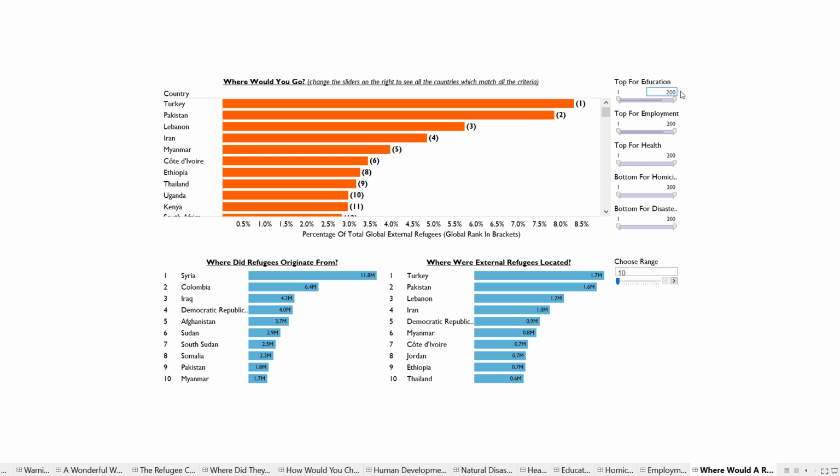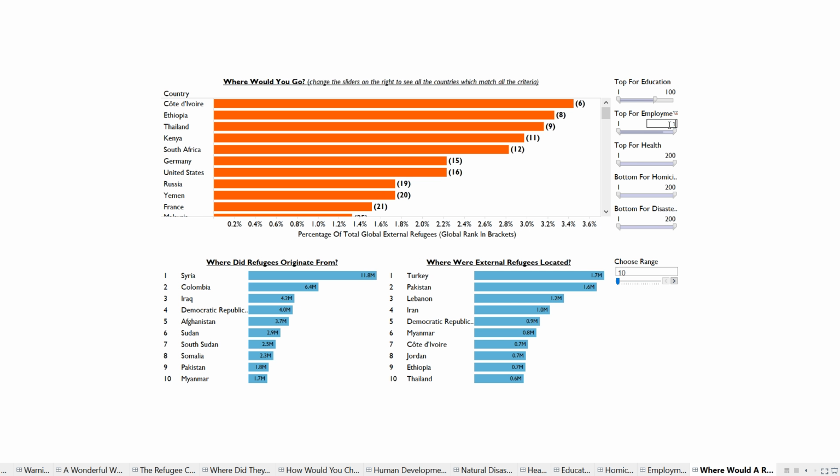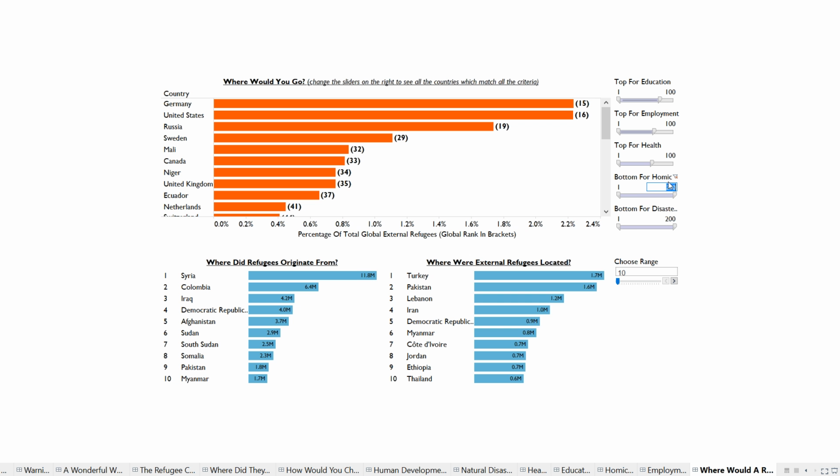So I'm going to choose the top 100 countries for education, the top 100 for employment, top 100 for health. And obviously for these two, it's going to be the bottom, because we want the ones that have the fewest homicides and fewest natural disasters.